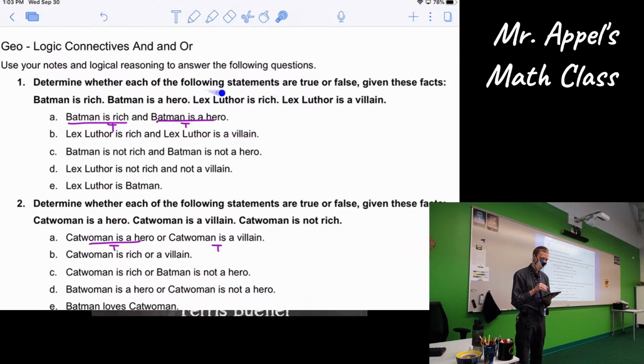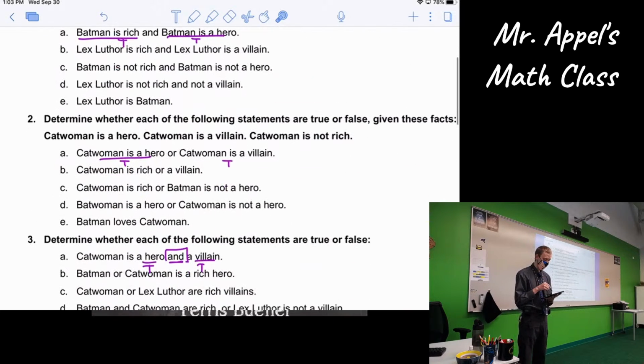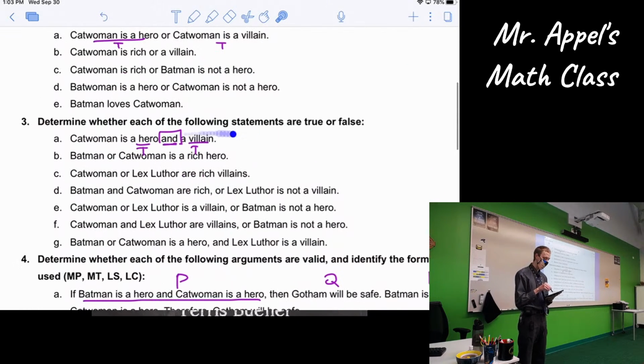So determine which of the following statements are true or false given these facts. The first question deals with and combinations. The second question deals with or combinations. The third is a combination thereof. I've mixed and matched, and some of these later ones actually use all three statements combined with combinations of ors and ands.